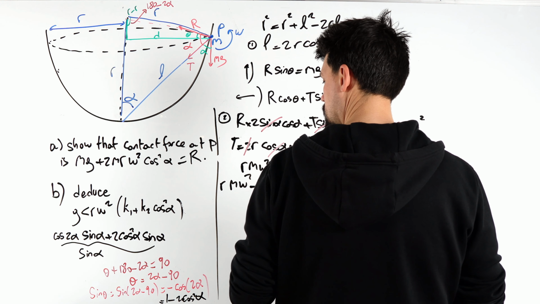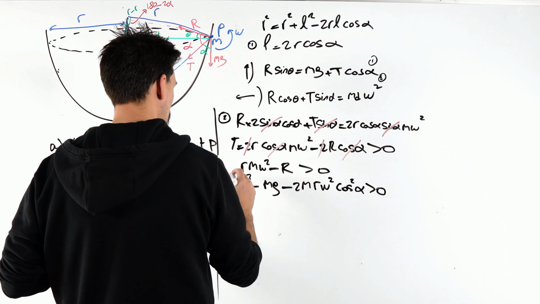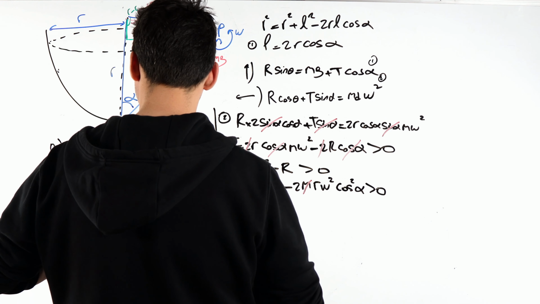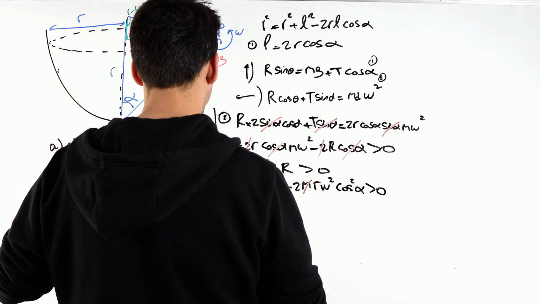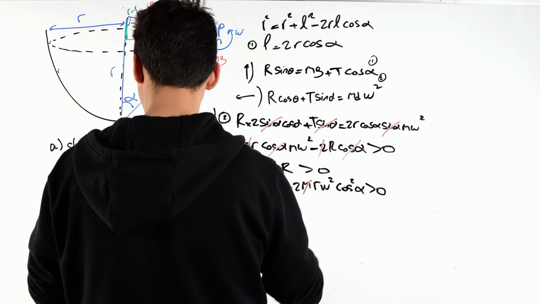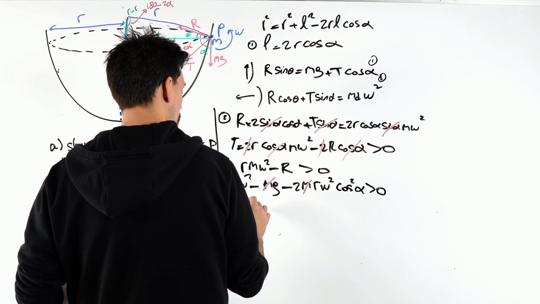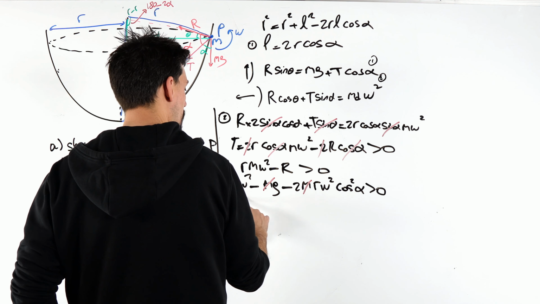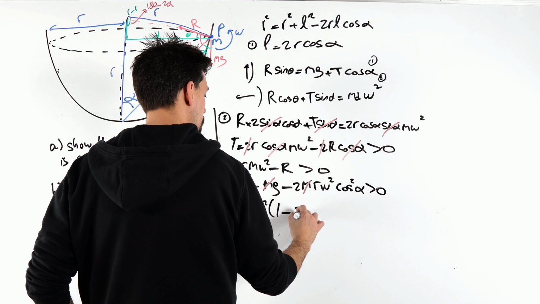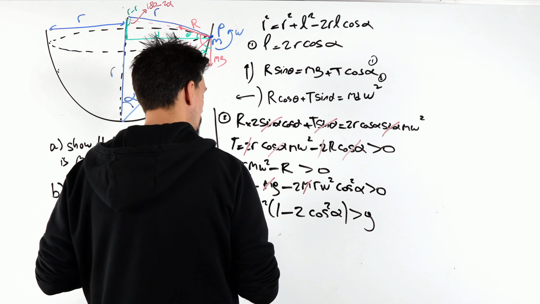And there is a cos squared in my thing, so that's fine. The m's are going to go away. So what do I need? I need that to be negative. So that tells me I'll move the g over to that side. I can take an r omega squared out of these ones. So r omega squared, 1 minus 2 cos squared alpha is bigger than g.